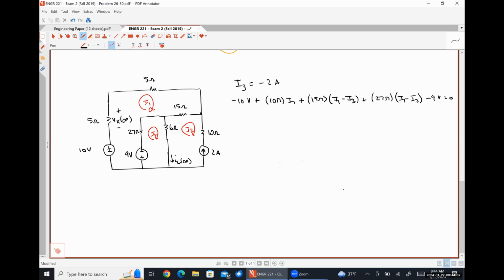Around mesh 2, we have 9 volts plus 27 ohms times (I2 minus I1) plus 6 ohms times (I2 minus I3) is equal to 0. And those are our three equations that we can solve.